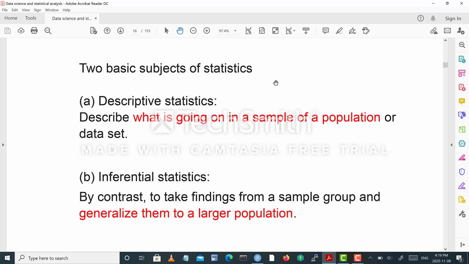There are two basic subjects of statistics. Descriptive statistics describe what is going on in a sample of a population or a data set. Inferential statistics, by contrast, take findings from a sample group and generalize them to a larger population.